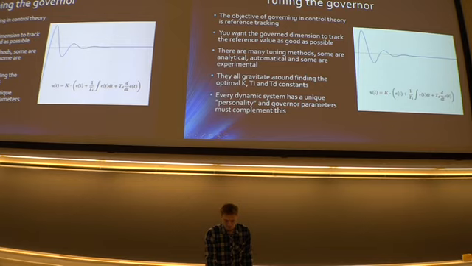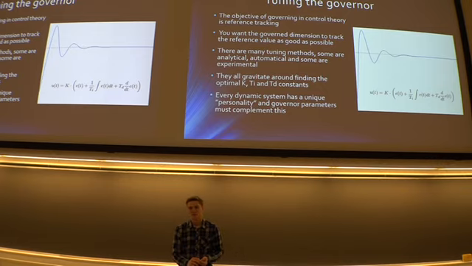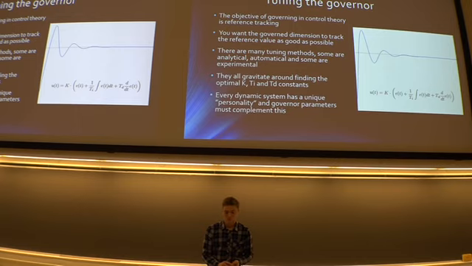So I've probably already said this. There are many methods for tuning the governor. Some are analytical, some are automatic, but the mostly used are experimental, which is just the simplest also. They all gravitate around finding the optimal 3 PID parameters, hence the name.